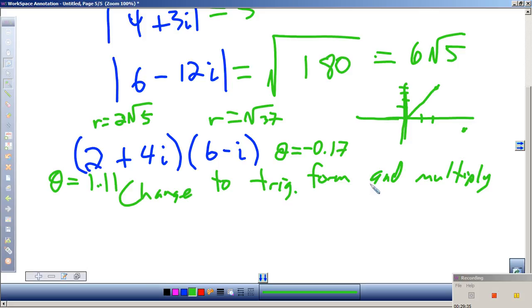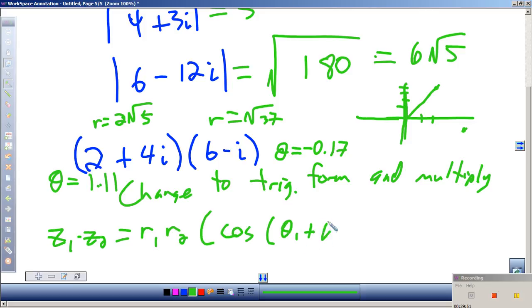Okay, so once we have this, we've got a formula. Remember, it's z1 times z2 equals r1 times r2 times cosine of theta 1 plus theta 2 plus i sine of theta 1 plus theta 2.